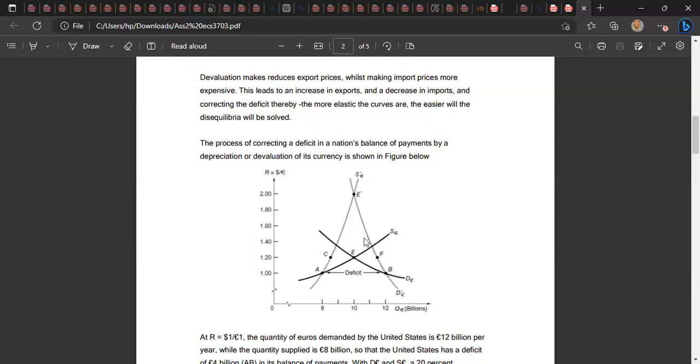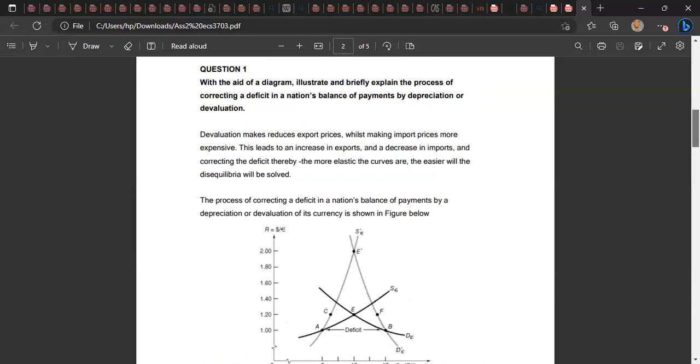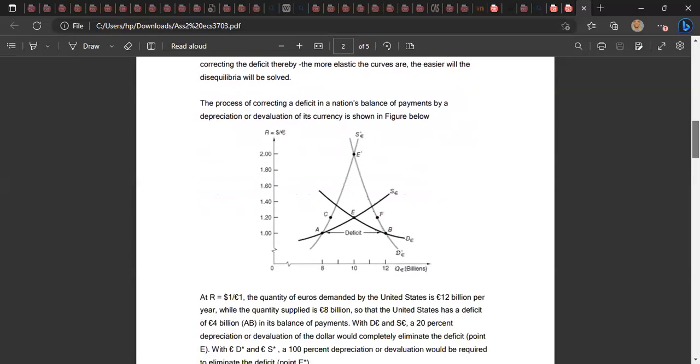Right here is a surplus, so you are moving away from that. When we are correcting a deficit through devaluation, ideally we want to move from here to there, to the equilibrium point.